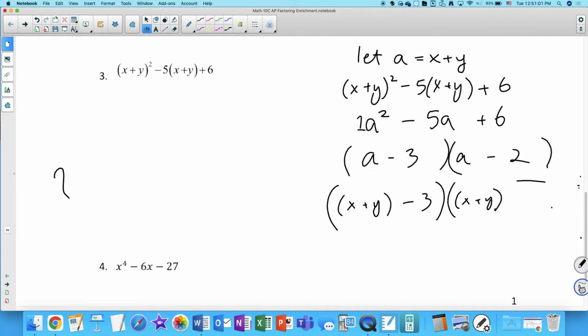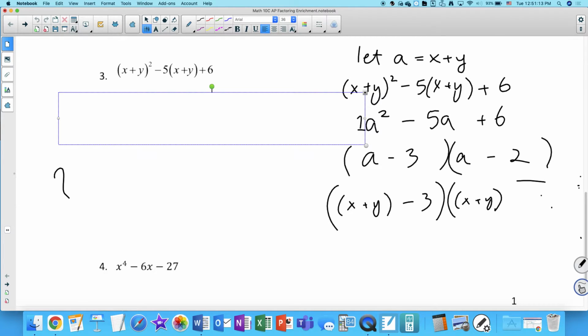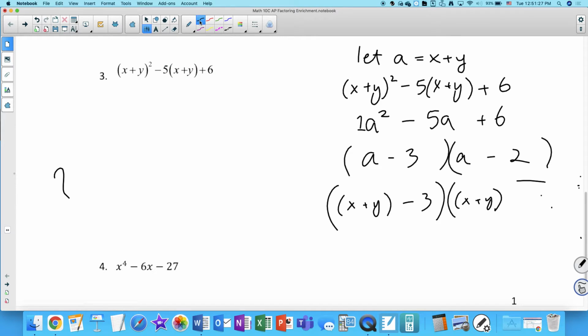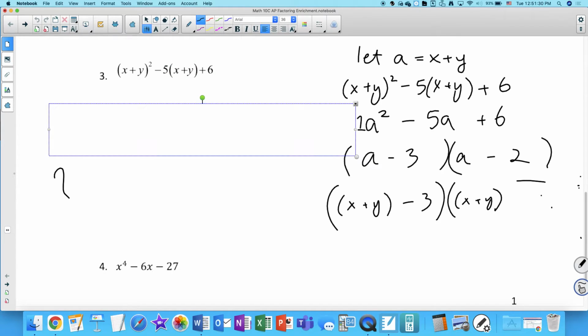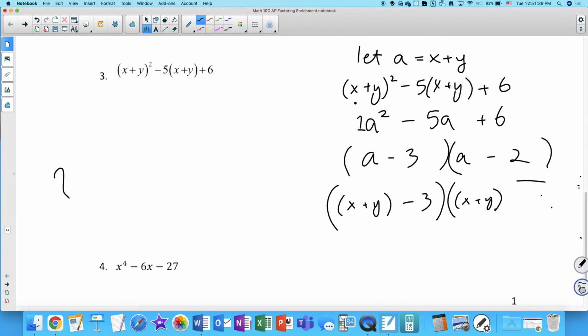I'll move it over. Okay, here's what we're going to do.